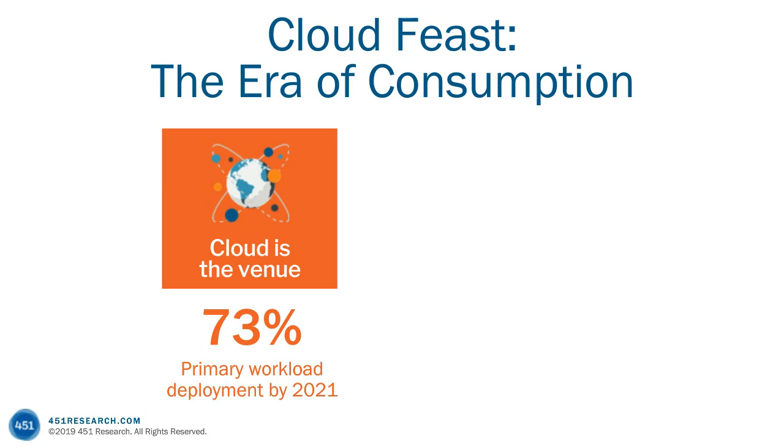Now 451 owns and operates a panel of enterprise IT end users, and when we've asked them what is the primary workload deployment environment for their workloads now and in two years' time, the top line is that 73% said it would be their primary deployment environment by the end of 2021, up from 49% this year.